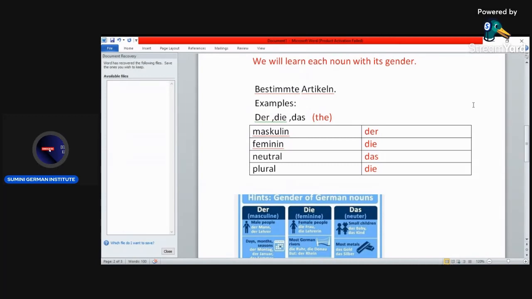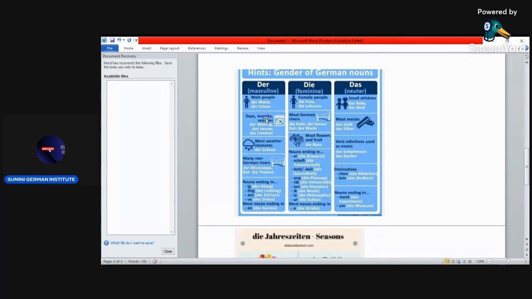So you're asking yourself, how do you know? How do I know whether a specific noun is masculine, feminine, or neutral? There's a picture here, a table.